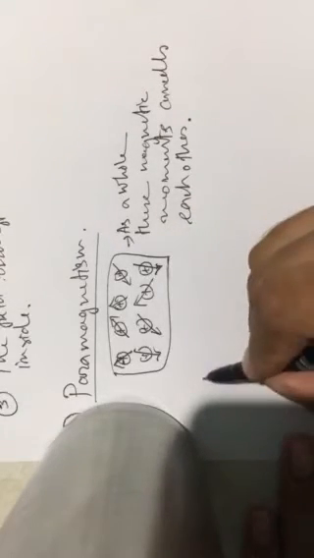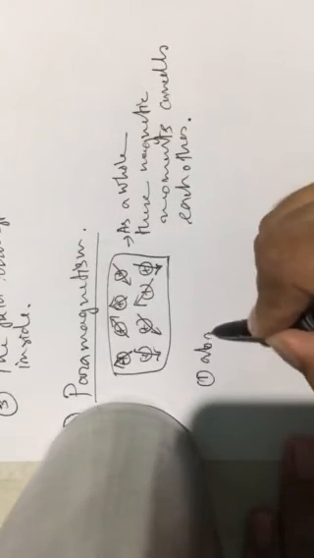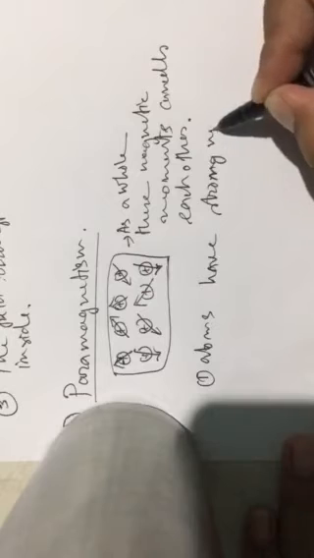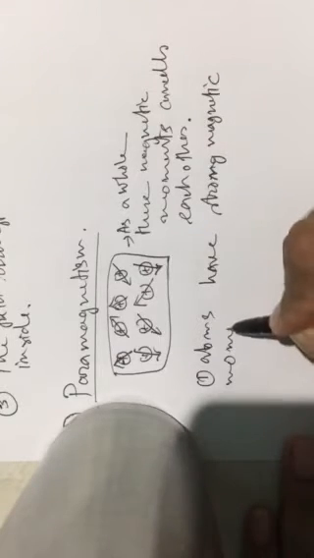But in paramagnetic, the atoms have a very strong magnetic moment, right? But by combining them, their net magnetic moment is 0.